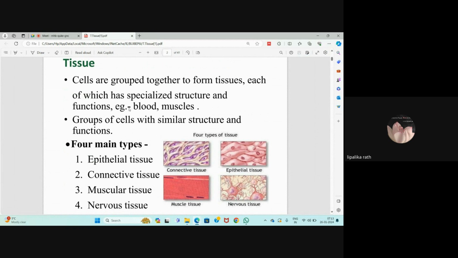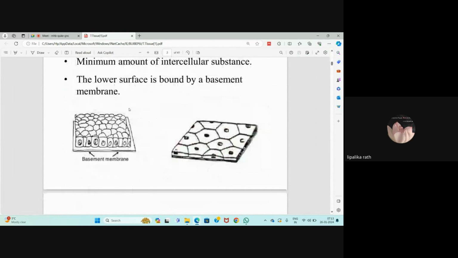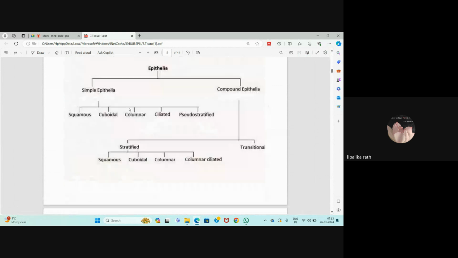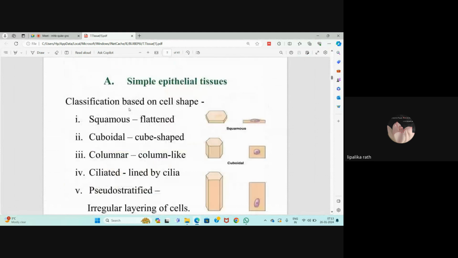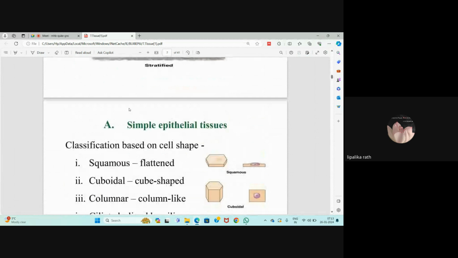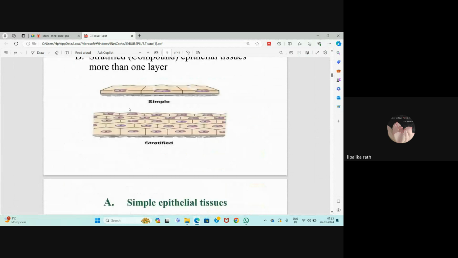Stratified tissue is again divided into four: squamous, cuboidal, columnar, ciliated. The difference is that simple epithelial tissue has one layer above the basement membrane, but stratified has a compound layer, meaning more than one layer.